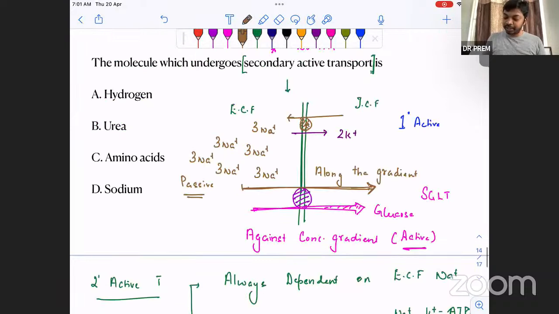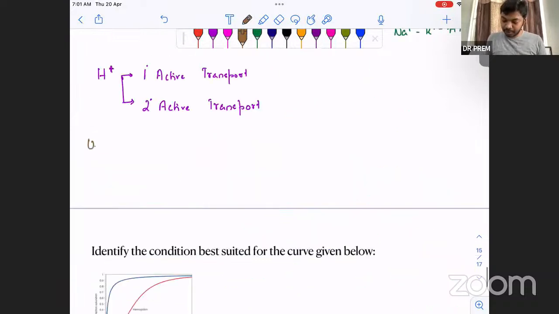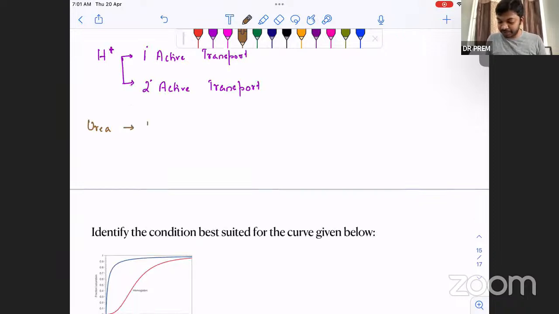Coming to urea, the second molecule: urea is always transported by diffusion, and it is going to be facilitated diffusion. So obviously it is passive transport.